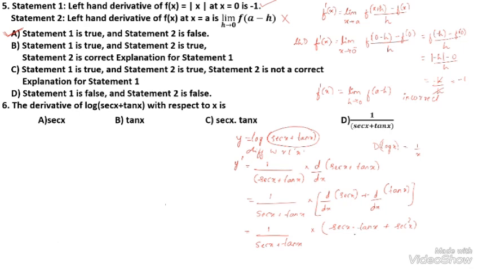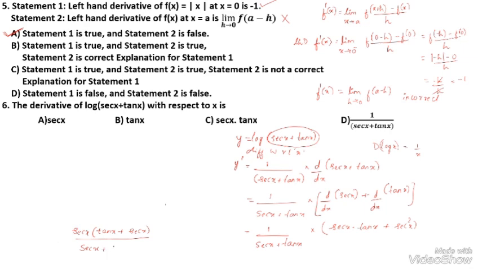First, in this sec x into tan x plus sec square x, I can take sec x as common. Sec x is common, remaining tan x plus, one sec x taken out, another sec x remaining, divided by sec x plus tan x.